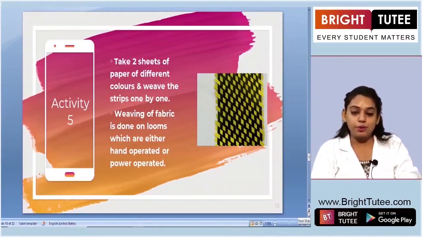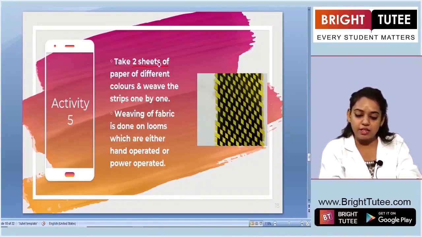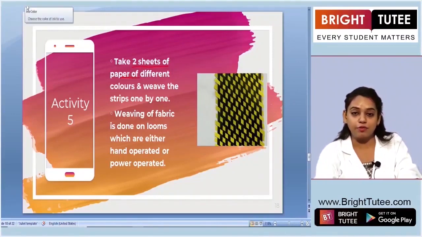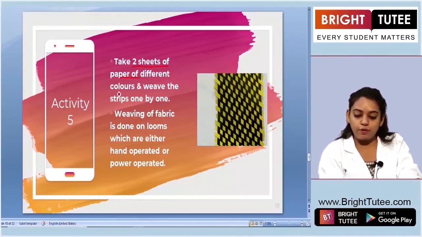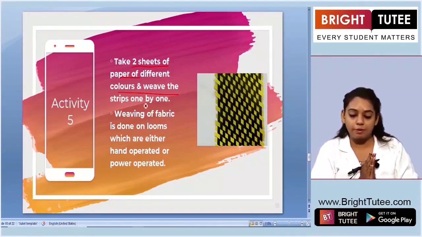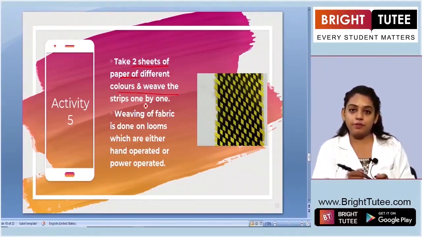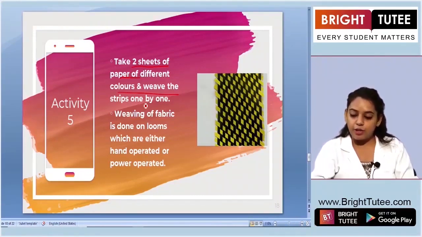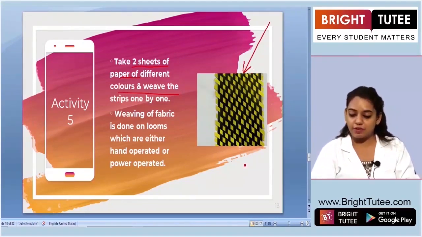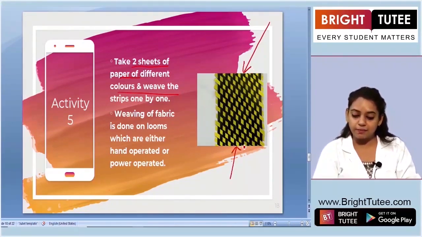What you are going to do is take two sheets of paper of different colors, cut out strips of the different colored paper and weave them one by one, and you can observe in this picture that the end product of this activity will look something like this.